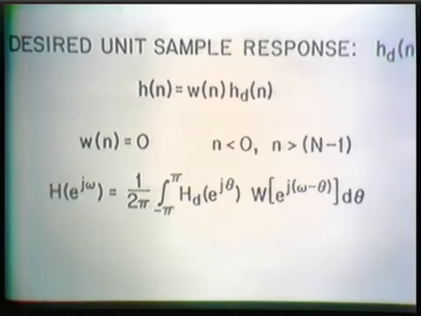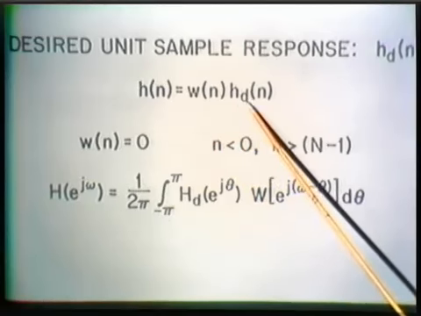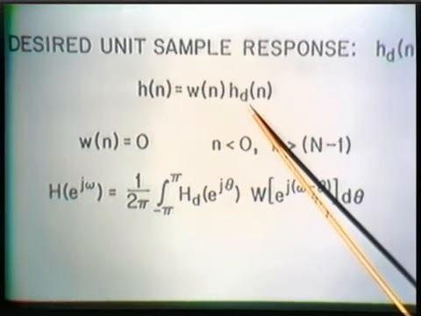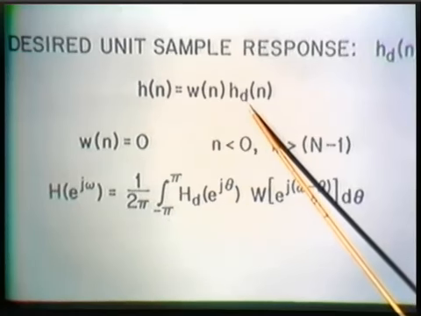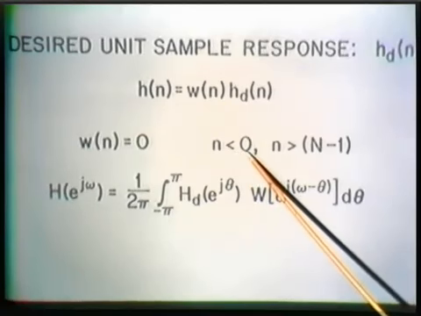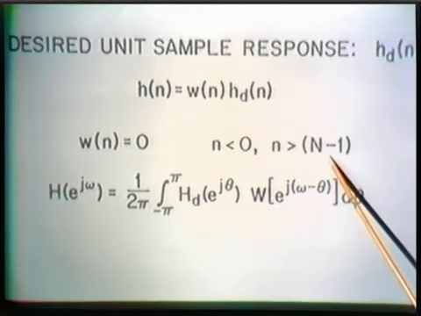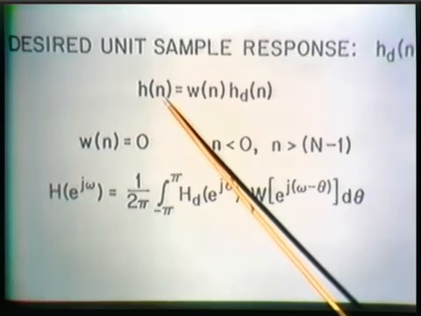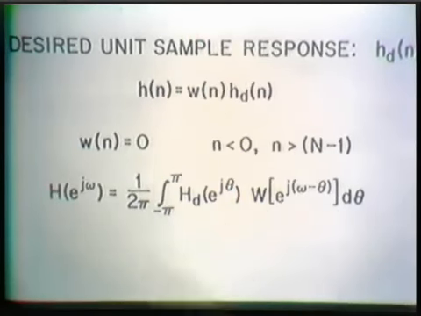So the window method consists of beginning with a desired unit sample response, which in general will be infinitely long, or at least longer than the filter that we want to design. We apply to that a window which is 0 outside the range 0 to capital N minus 1, and the result is the unit sample response of the finite impulse response filter.